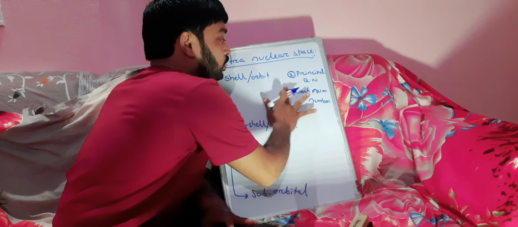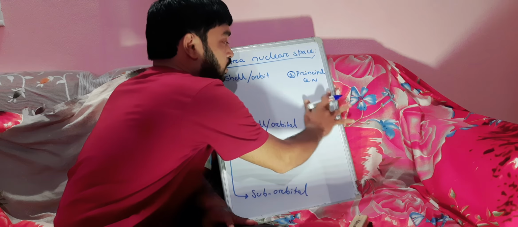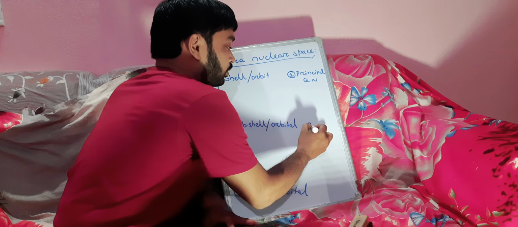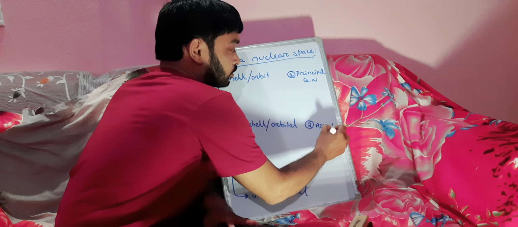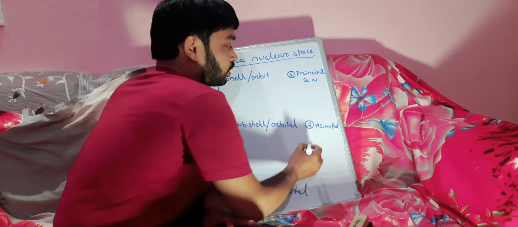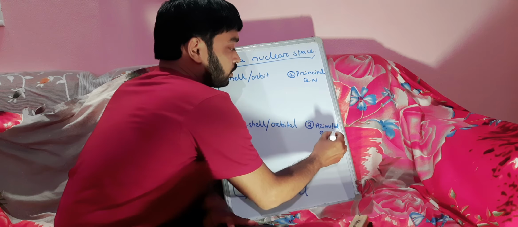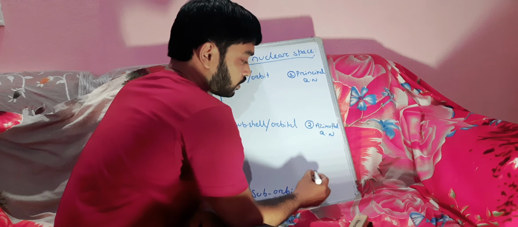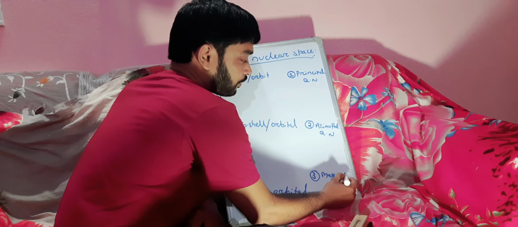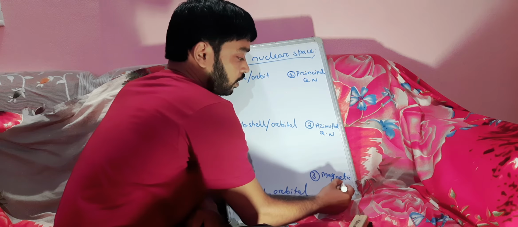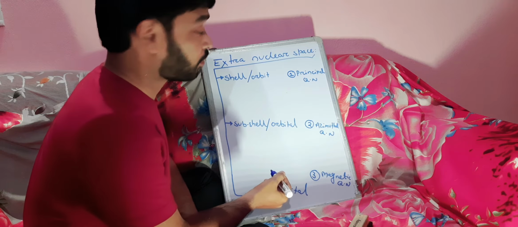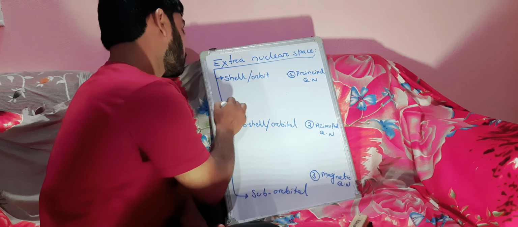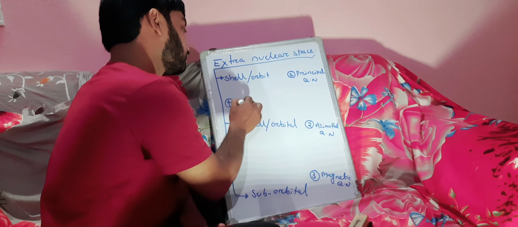The first is the principal quantum number, the next is the azimuthal quantum number, the third one is the magnetic quantum number, and the last one, the fourth, is the spin quantum number.